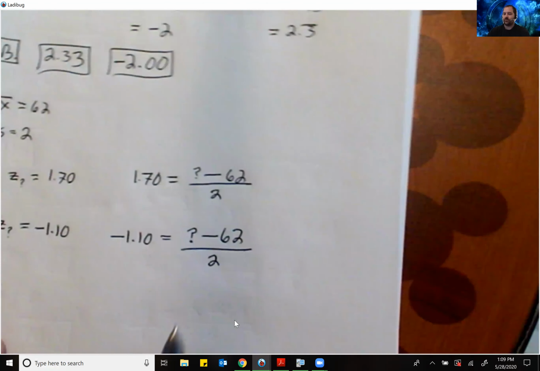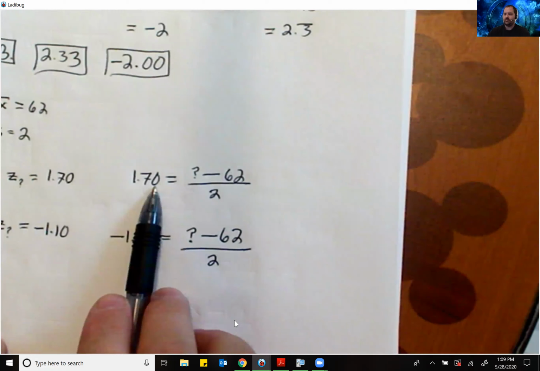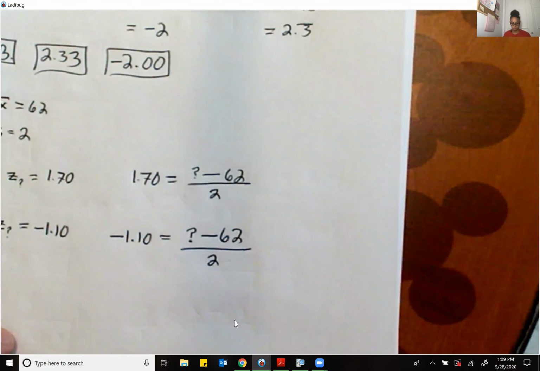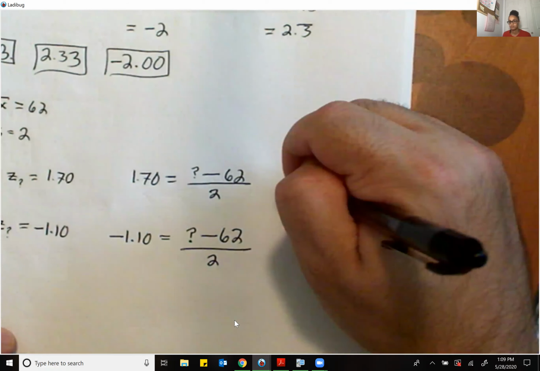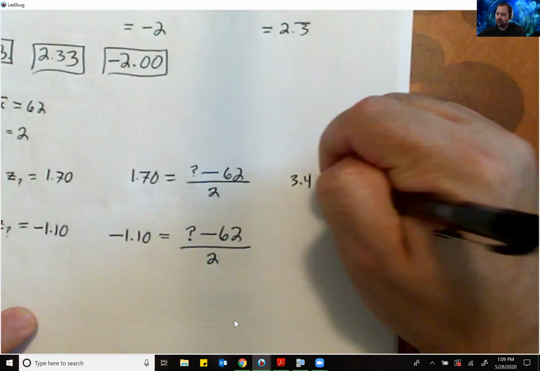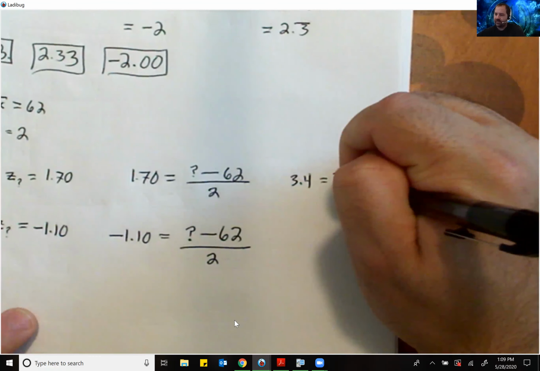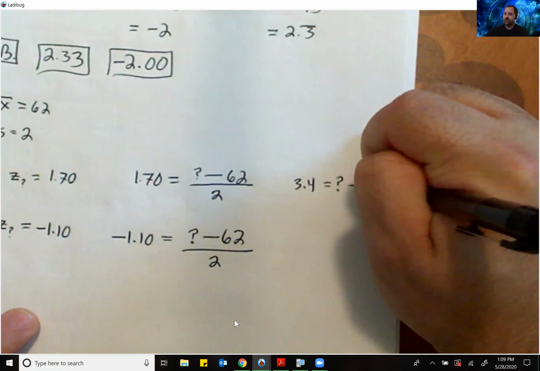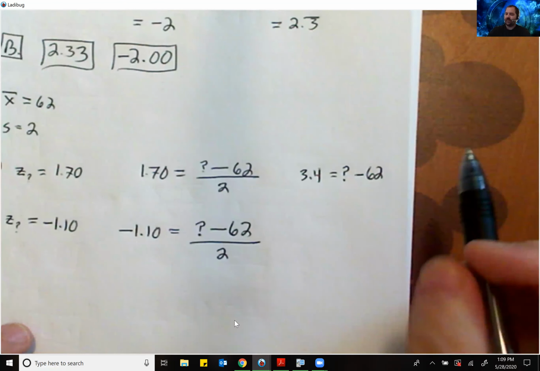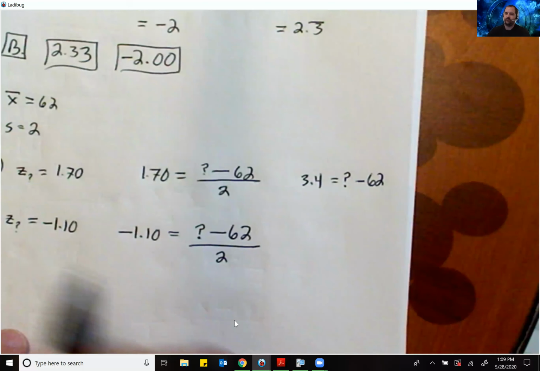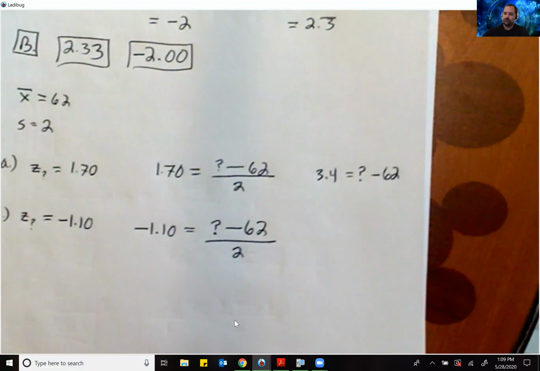If we cross multiply, what is 1.7 times 2? 3.4. And that's equal to our data value minus 62. If we add 62 to both sides, what's our answer for A? 65.4.